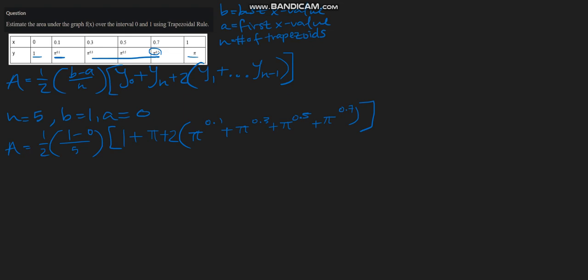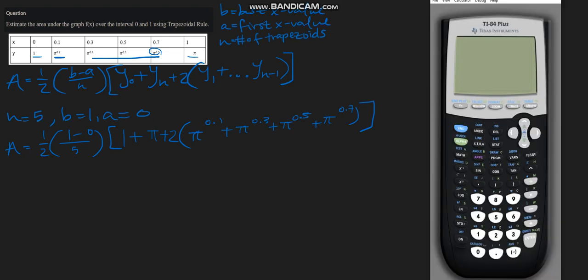So we want to plug this into our GDC. Be very careful as to how you plug this in, because you can easily mess this up, and doing all this work and taking up all this time to mess it up is not worth it at all. So we can do 1 over 2, and then we can do 1 over 5.